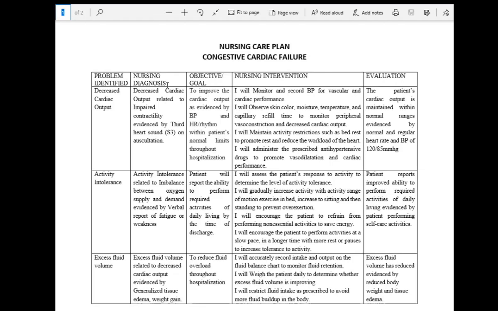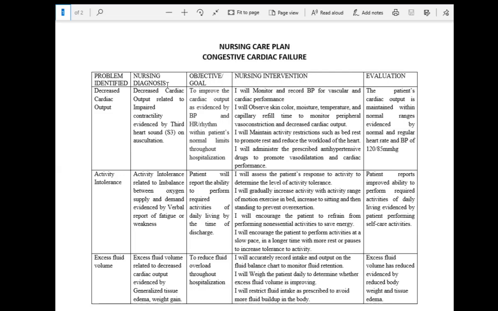Remember, the myocardium of this patient is failing. So by monitoring the blood pressure, we can tell if the congestive cardiac failure is worsening or not. So that's our first point.